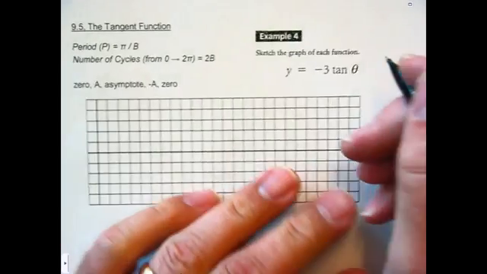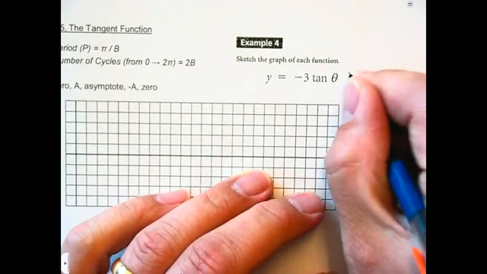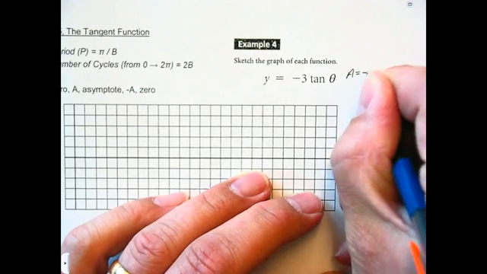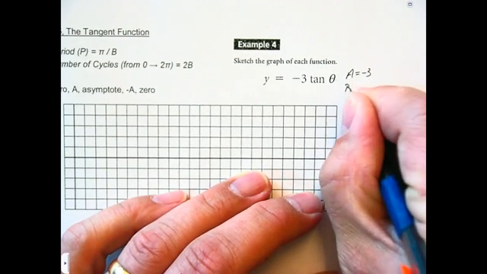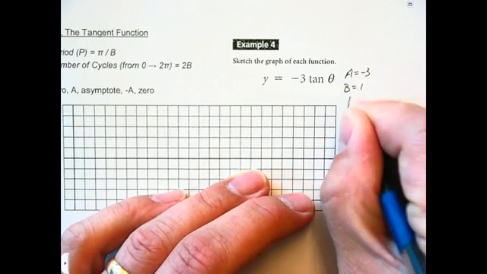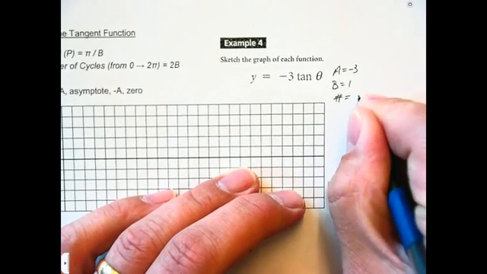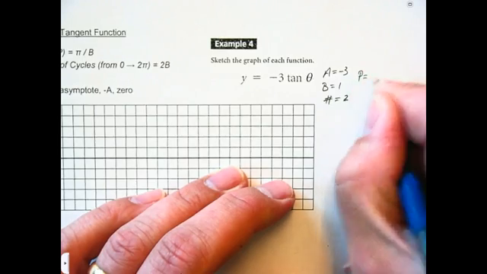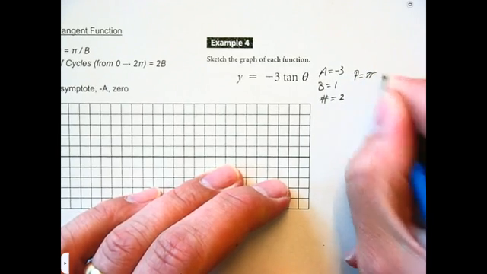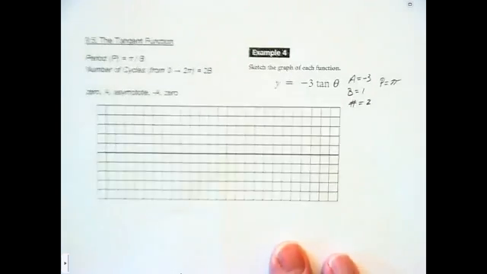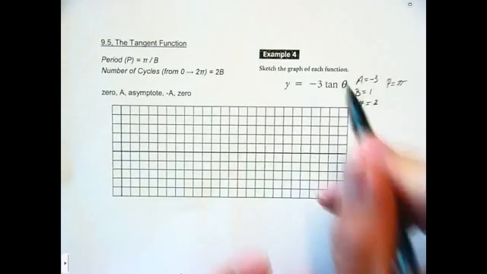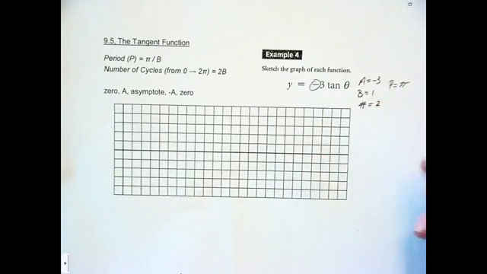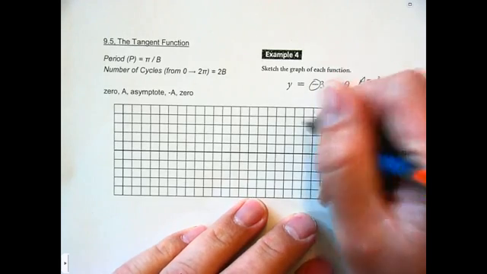Everyone's attention back up here. A is negative 3. B is 1. Number of cycles is 2b, which is 2 times 1. And the period is pi over b, which is pi. Now, really the negative does what? Good, it reflects it over the x-axis.